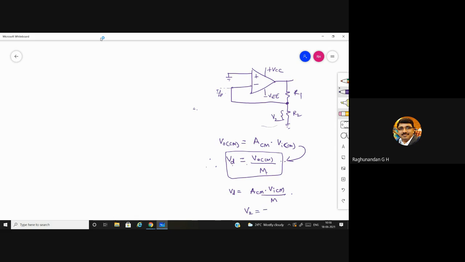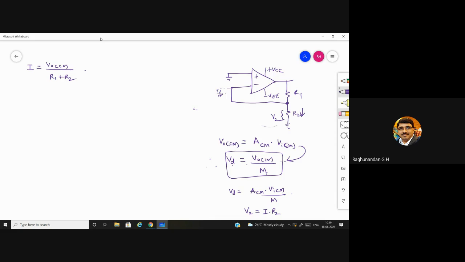V2 is given as I into R2, where I is the current through R2. Whatever current is flowing across R2 is taken as I. From our current divider rule, similar to the voltage divider rule, we have V0 CM divided by R1 plus R2. This gives the current flowing across this circuit, R2.